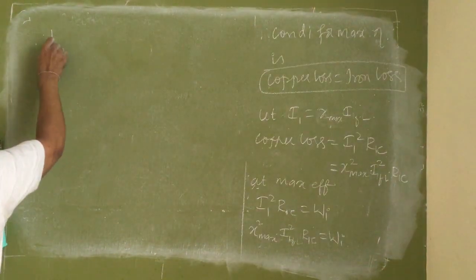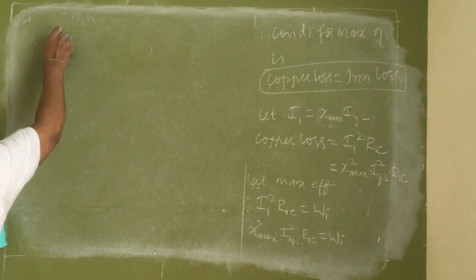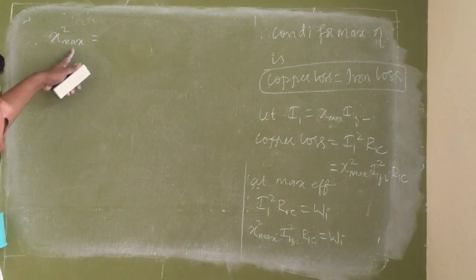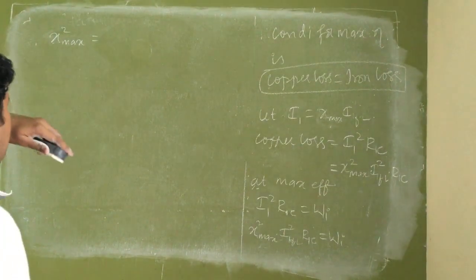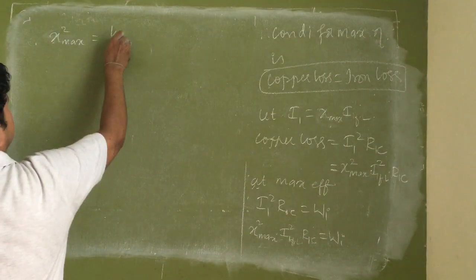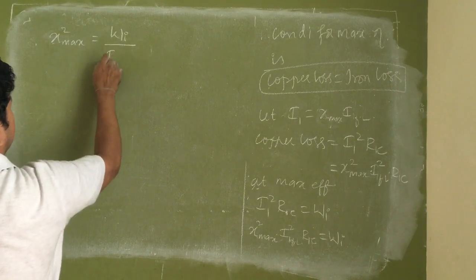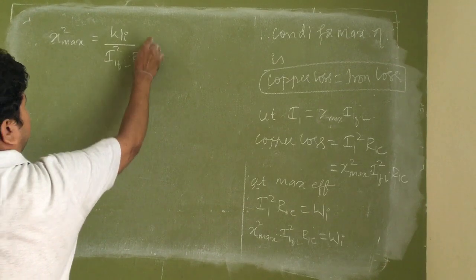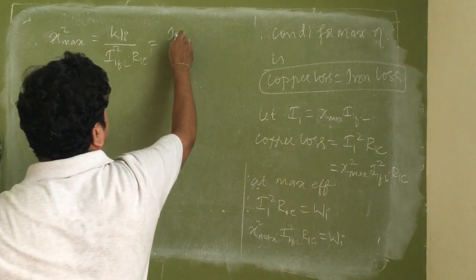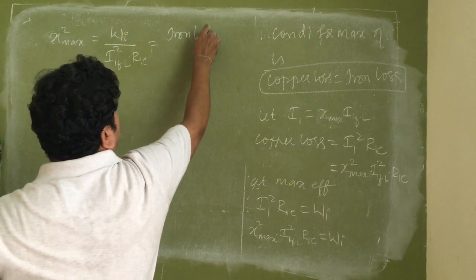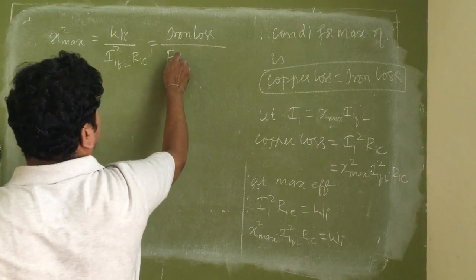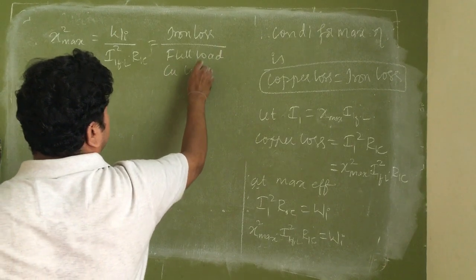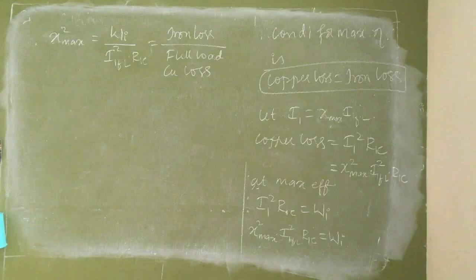Therefore, x max square, where max indicates the condition at maximum efficiency, is equal to Wi divided by I1 full load square into R1E. That is iron loss divided by full load copper loss. I1 full load square R1E is the full load copper loss.